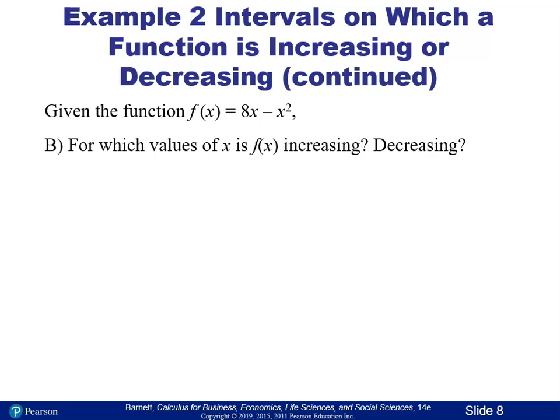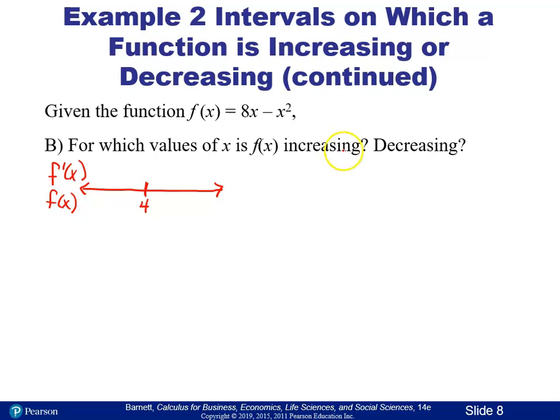Okay, so for which values of x is f of x increasing or decreasing? This is where we want to create our sign chart. So on our sign chart, we're going to put that critical number that we just found, which is 4. What I want you to think about is that we're going to plug into the first derivative and see what that tells us about the actual function itself.